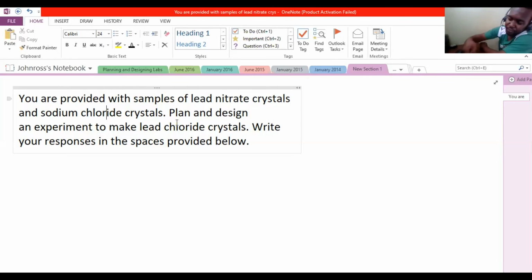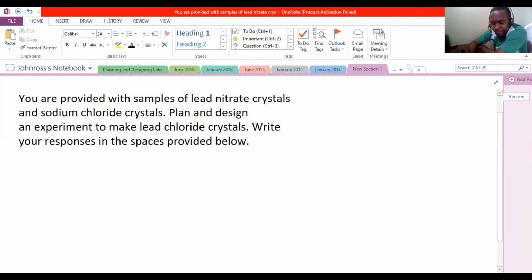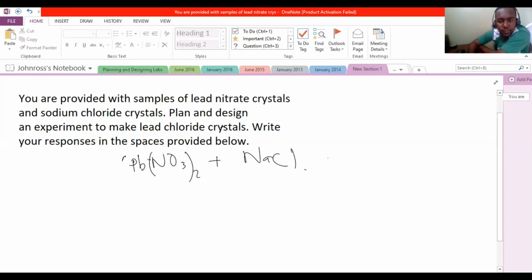All right, so this one is kind of simple, I think. Let's look. So we have lead nitrate, Pb(NO3)2, and we have sodium chloride, right?